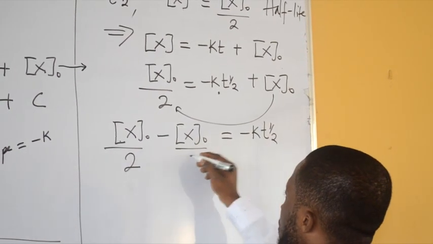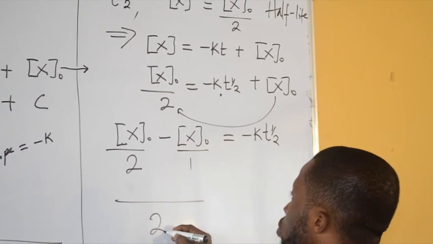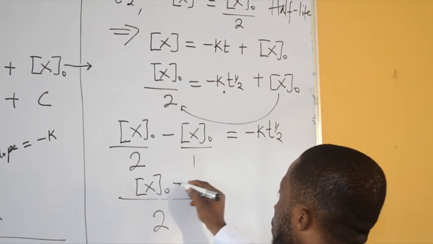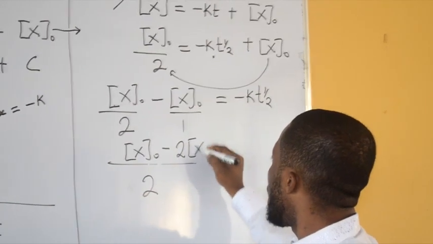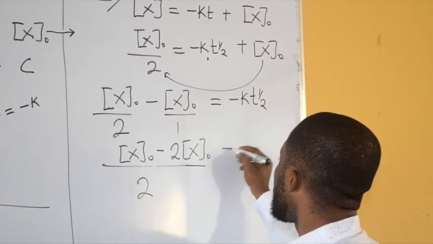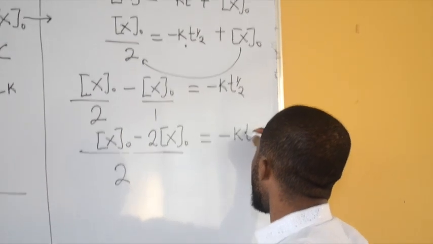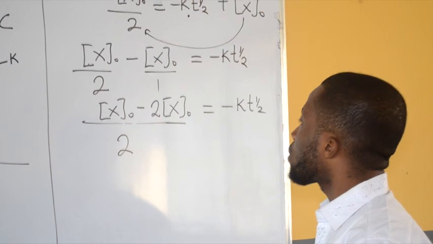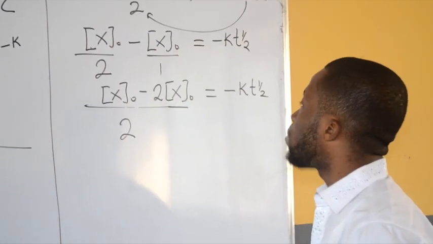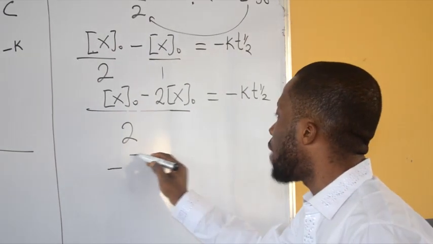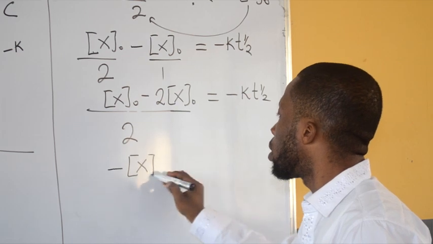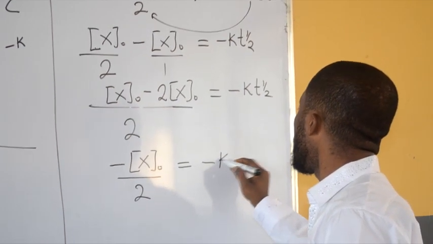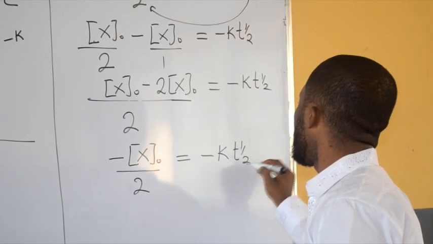Taking the LCM, you have x naught minus 2 x naught over 2 is equal to negative k t half. Of course, 1 x naught minus 2 x naught gives you negative x naught over 2 is equal to k t half, with the negative on the other side.